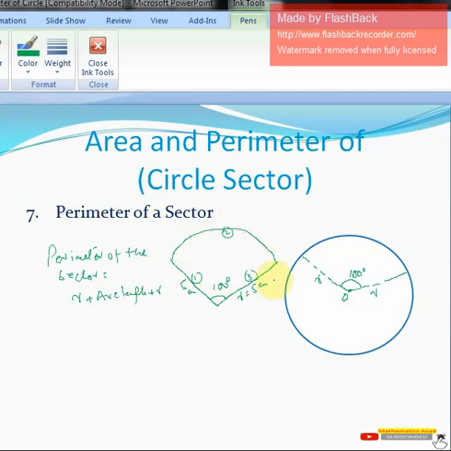So the whole boundary is the perimeter of the sector. Suppose radius is 5, so it must be 5 plus arc length, which is theta upon 360 multiplied by 2 pi r, plus 5, where we can write theta as 100 degrees. So when we simplify it, we can find the total perimeter of the sector.